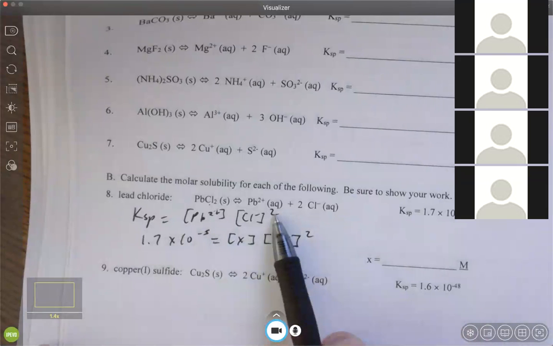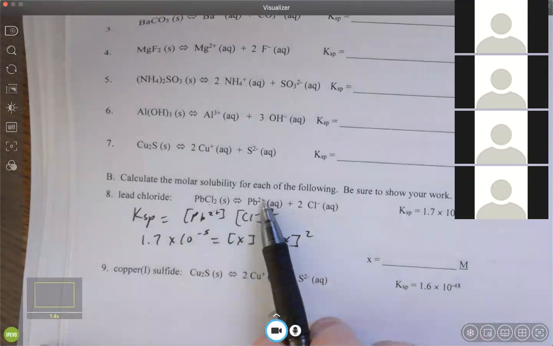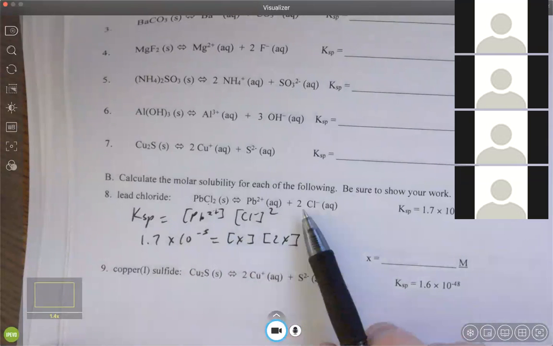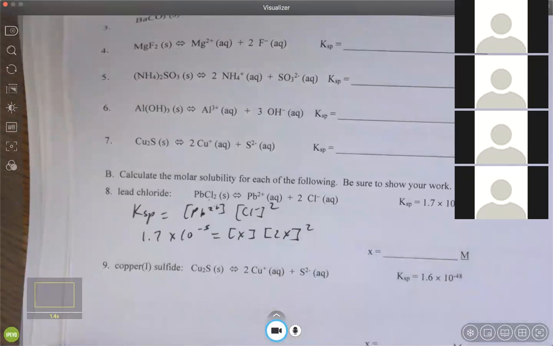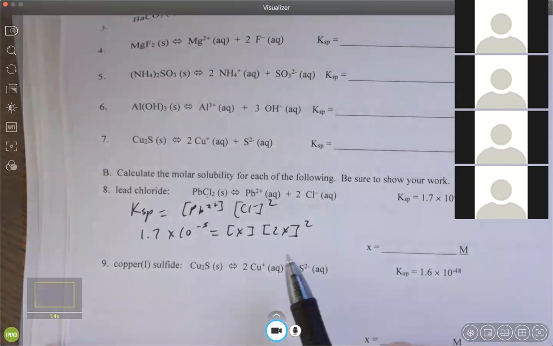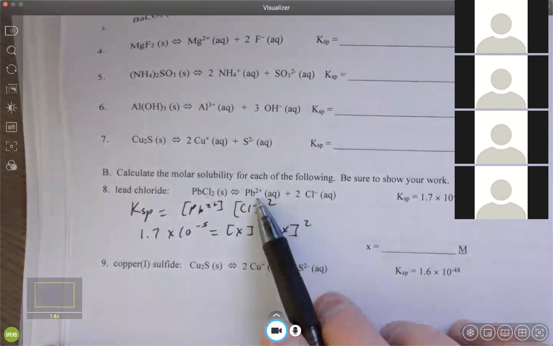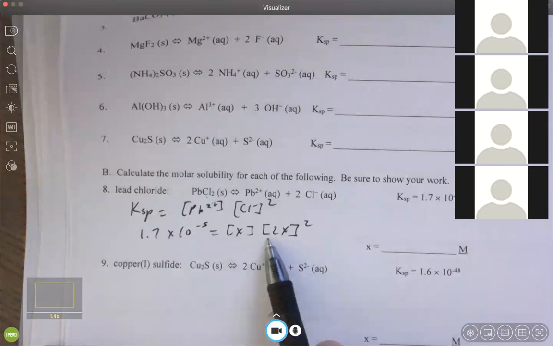But here, whatever the concentration of the Pb is, the concentration of the Cl will be twice as much. I don't think you can simplify it that much. I think you have to think, okay, for every 1 mole of this there are 2 moles of this, and that's why the concentration of this will be doubled.